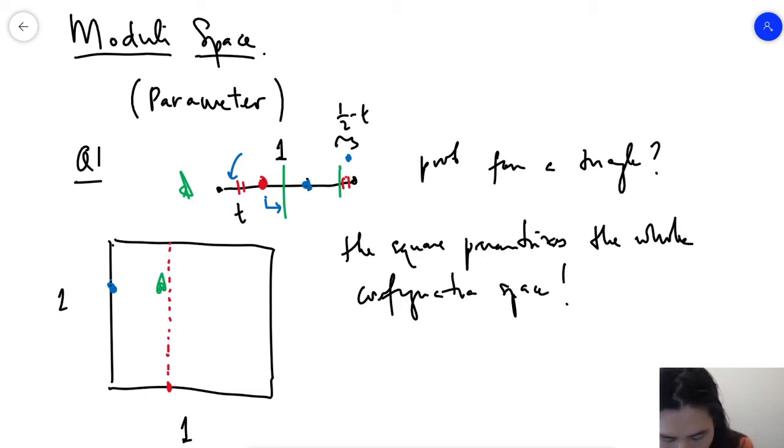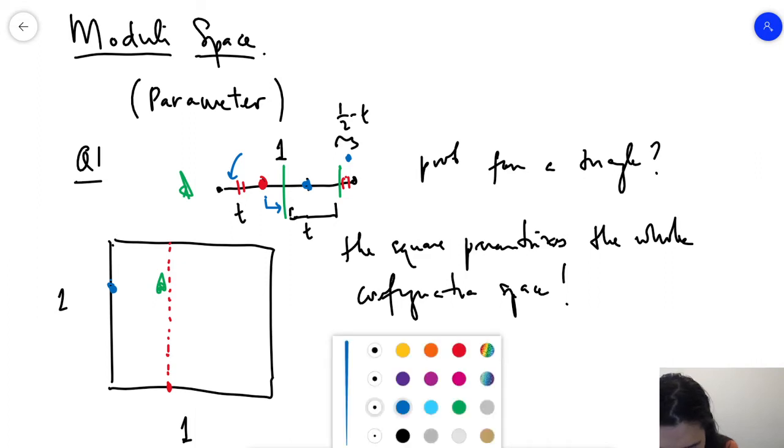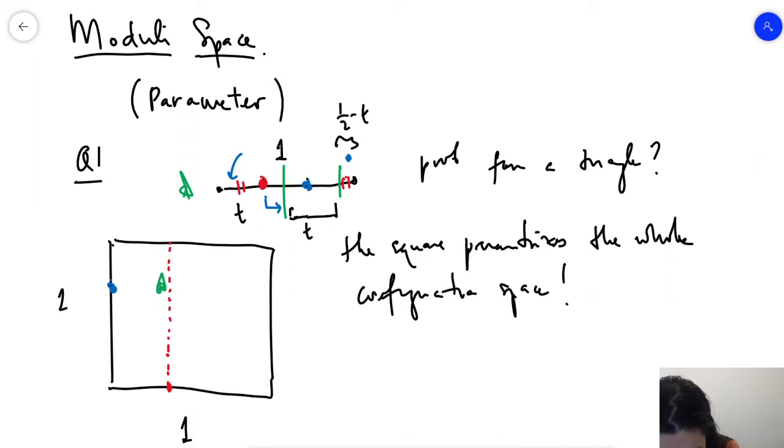So this leaves us with an interval of length half minus t, and this has an interval of length t. In other words, the place where the blue point gives us a good configuration is at such an interval of length half minus t.